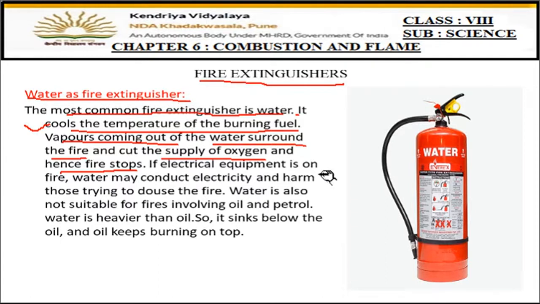But if electrical equipment is on fire, water may conduct electricity and harm those trying to douse the fire. As I said, water cannot be used for all types of fire.